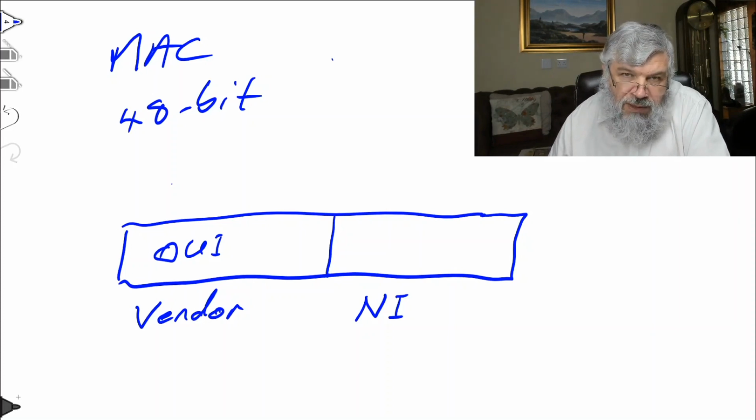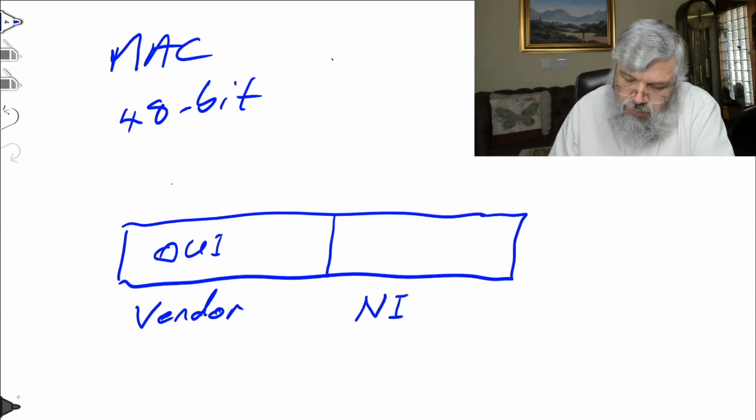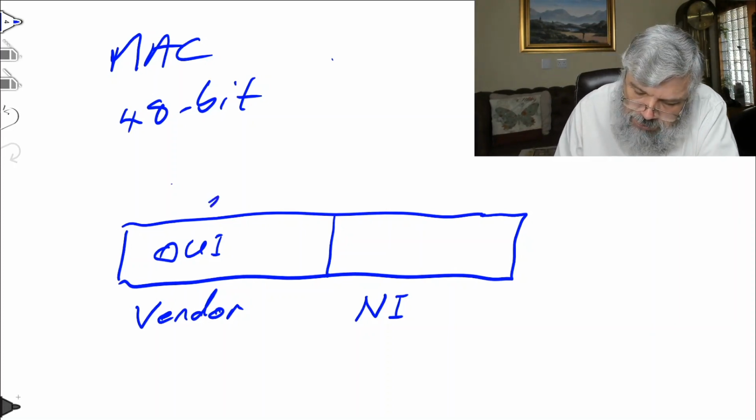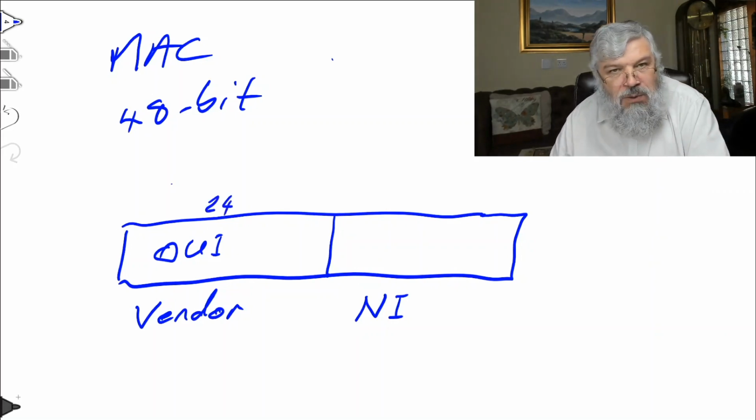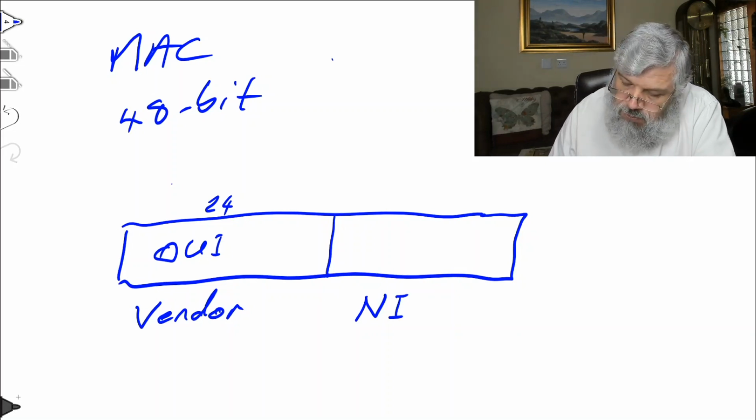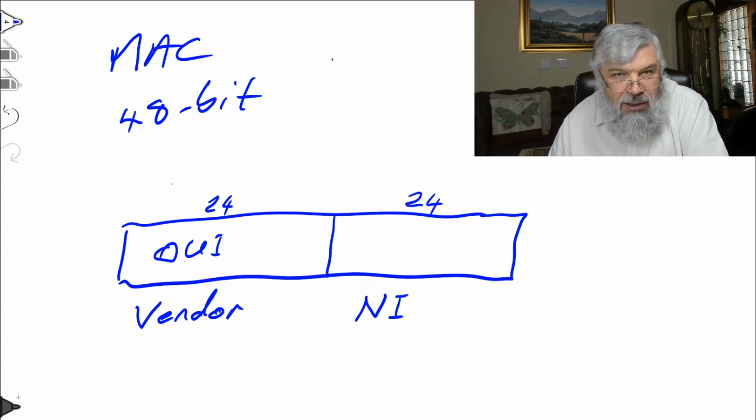Once you have your vendor ID, in other words, you have these 24 bits, you can begin to manufacture cards, and then you can just number them. Number 1, number 2, number 3, and so on. And because you have 24 bits or 3 octets there, you can essentially manufacture 16 million cards.